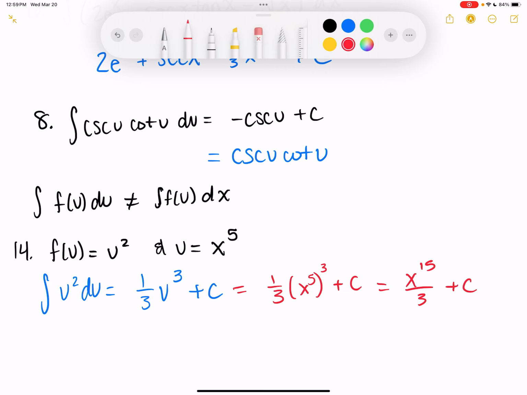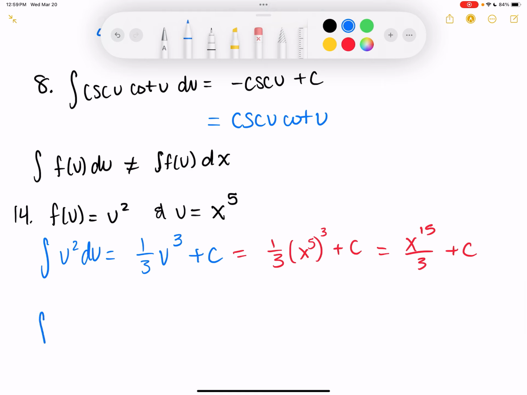Now we're going to integrate u squared dx, which means with respect to x. So I'm going to put this value for u in here. That's going to be the integral of x to the 5th squared dx, because I'm integrating with respect to x. And so that's equal to the integral of x to the 10th dx.